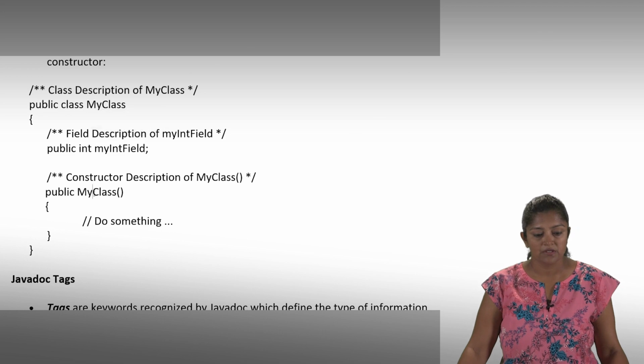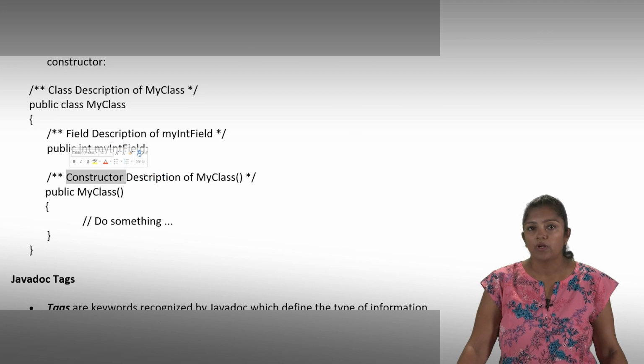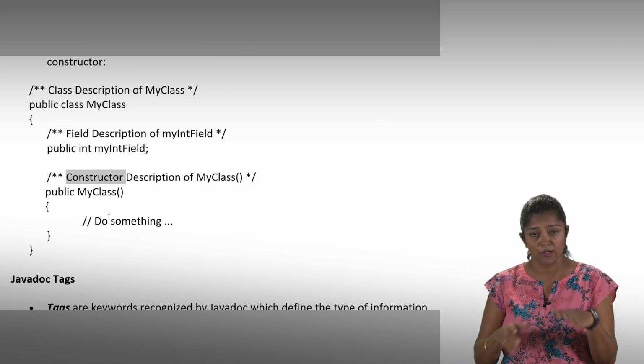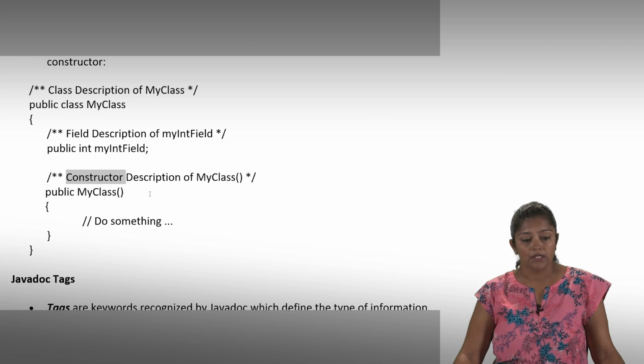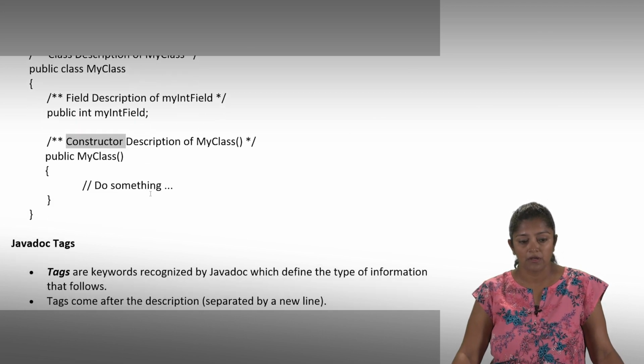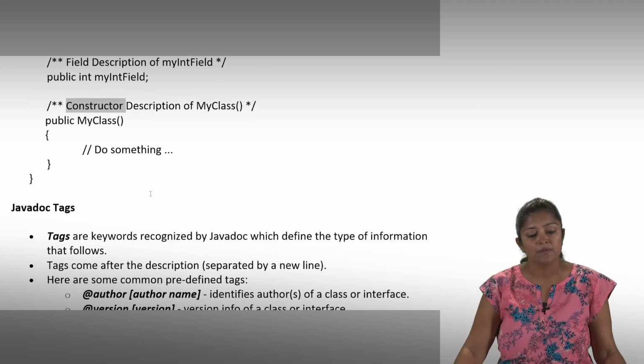Here we have a constructor for MyClass. You can specify a description of the constructor and what arguments it takes and what kind of fields it sets. So that's the basics, and there's a lot more that you can add to it, but to start out with, that's how you can add Javadoc comment blocks.